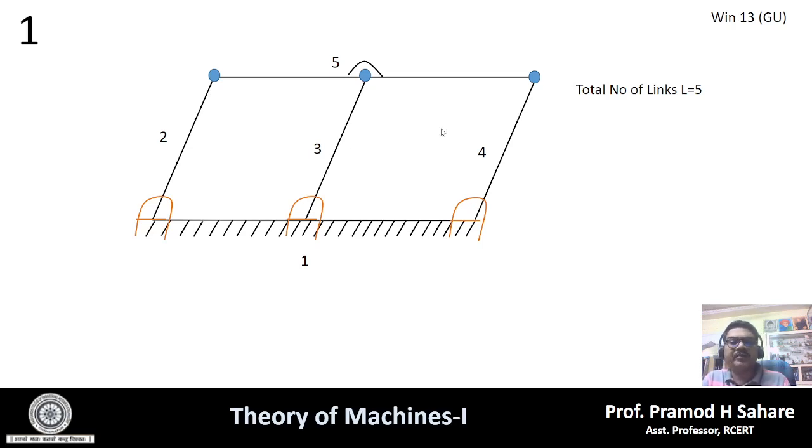Then the number of higher pairs. Now, higher pair means if there is point contact, then we can say there is a higher pair, but there is no such point contact, so that's why the higher pairs are 0.